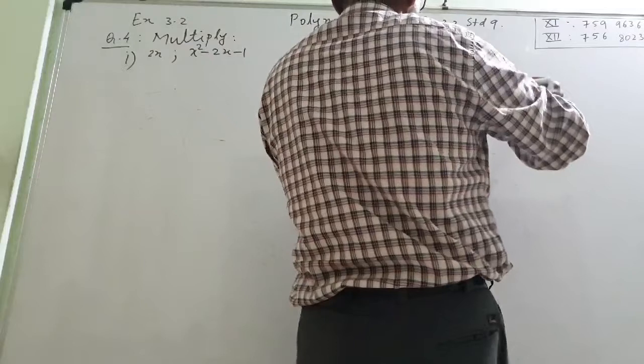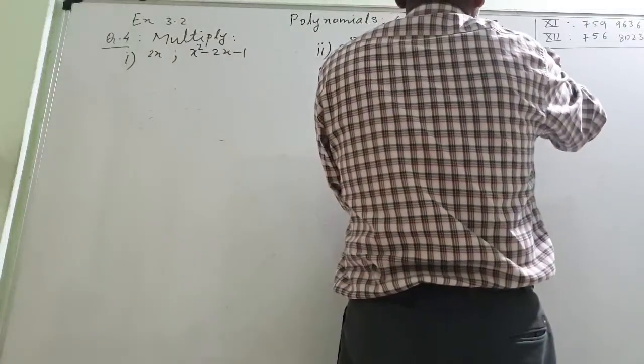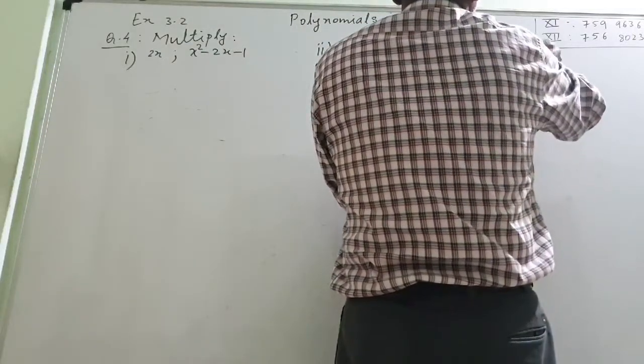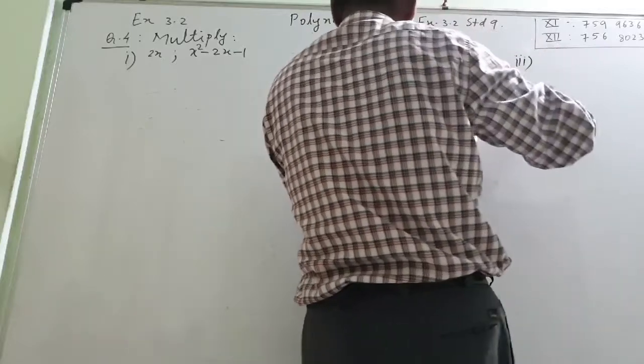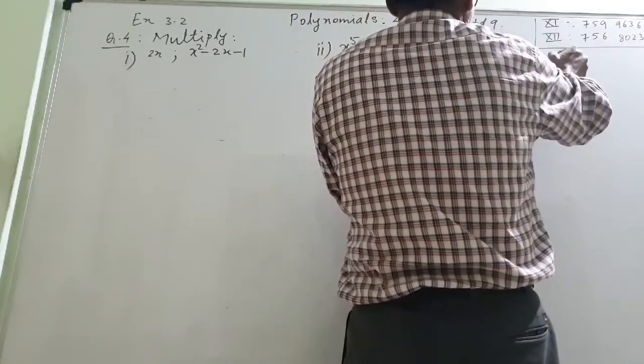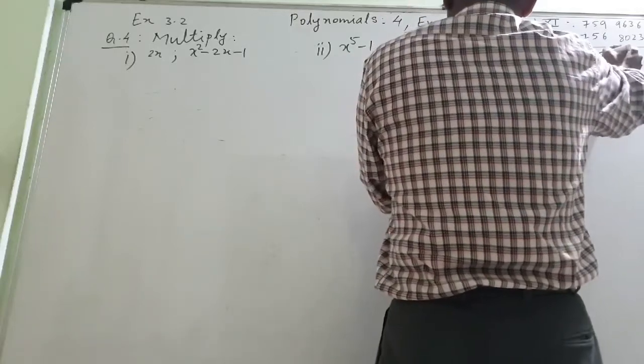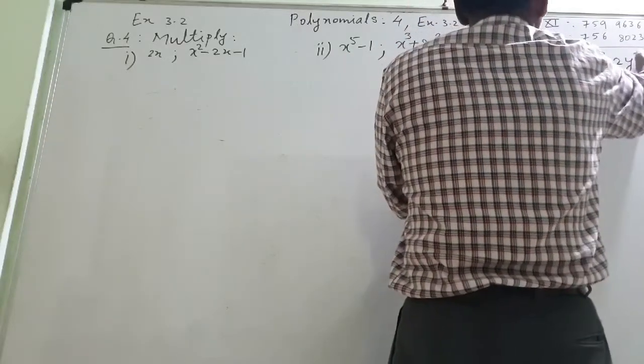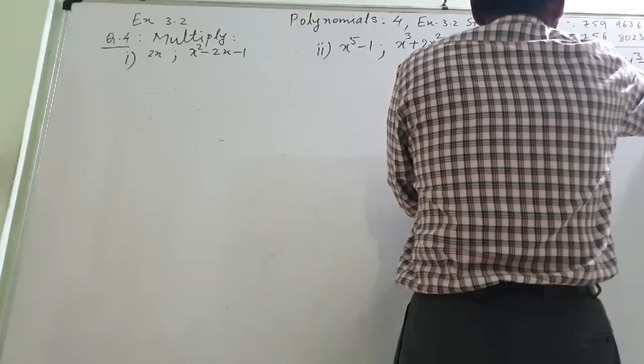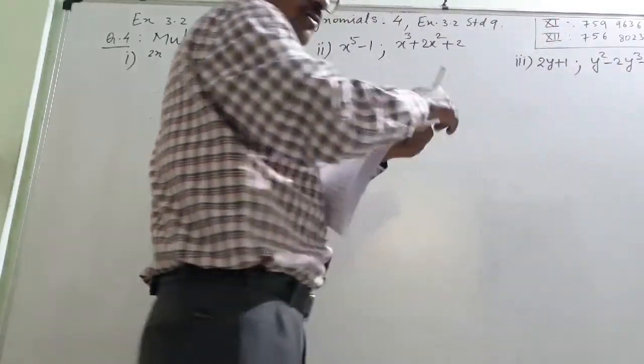And the third one, I will write here third one, 2y plus 1 and y square minus 2y cube plus 3y. These three questions I have to solve.